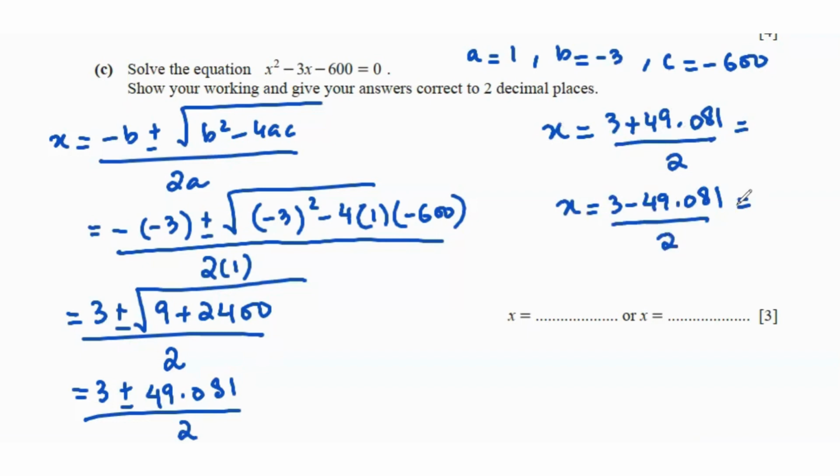So for the first one, we'll have 26.04. And for the second one, we'll have negative 23.04. These are your two values of x.